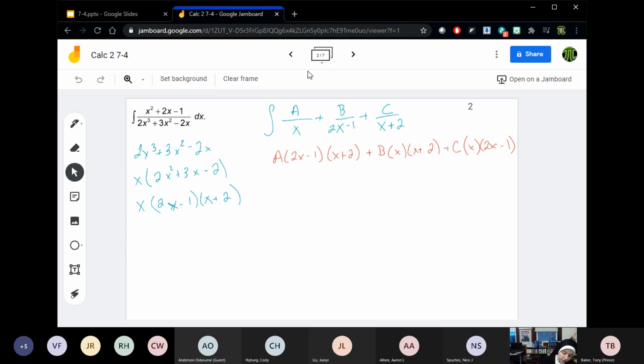We've got to multiply these out, these linear terms. So I get 2x squared plus 3x minus 2 is x squared plus 2x, and 2x squared minus x.